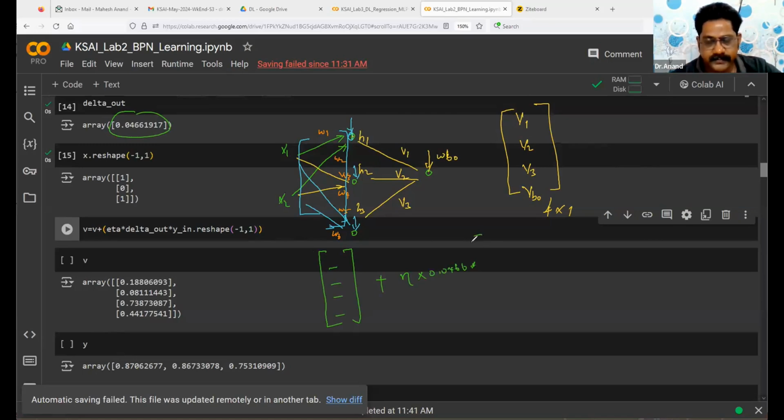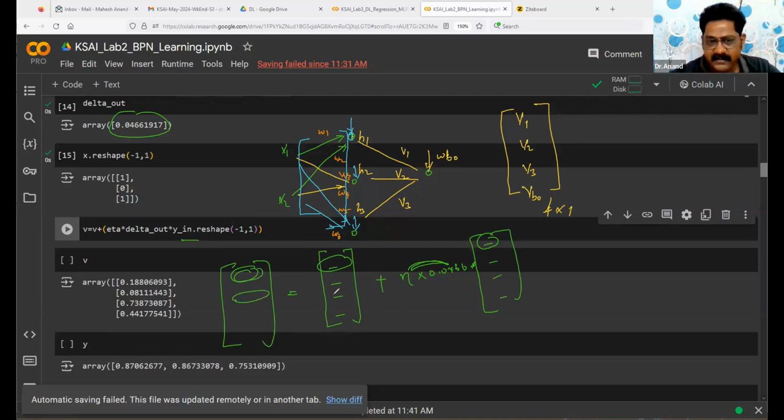0.0466, into the input. Which input is coming to V1, V2, V3? The output of the hidden layer, which we kept in Y in. We are reshaping it to a column vector, again 1, 2, 3, 4 values. So how will the computation go on? To get the new V matrix, the first entry: this value plus these two, which are scalars, you multiply these two and then multiply with this, and you substitute.